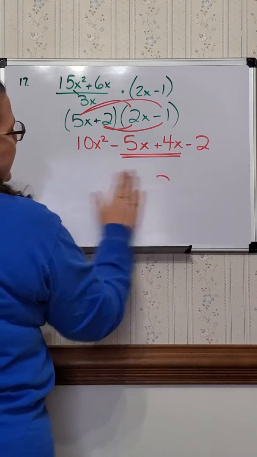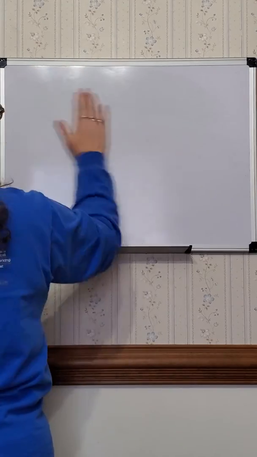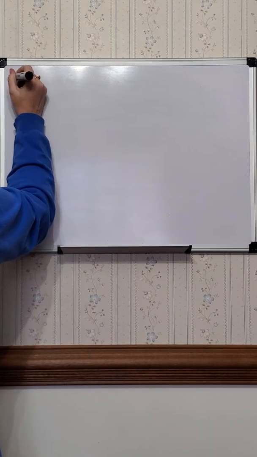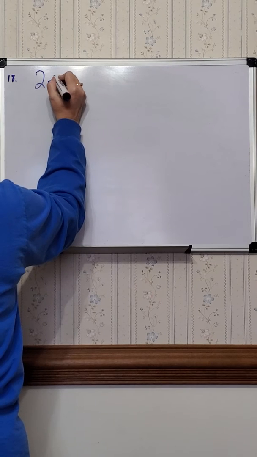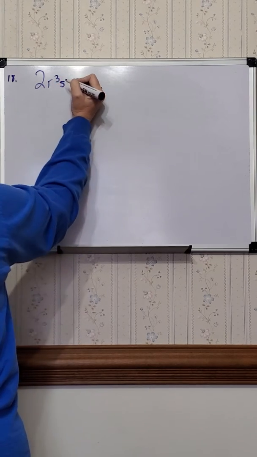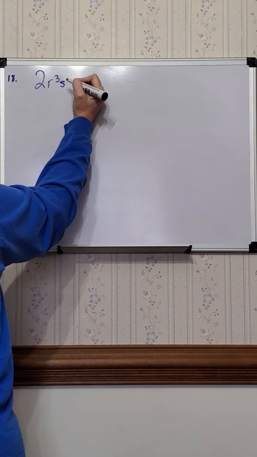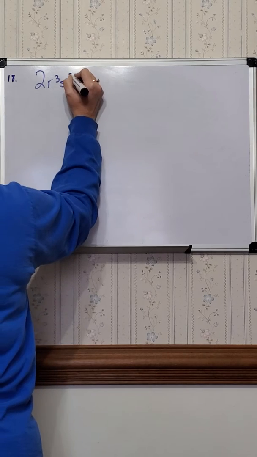Now, let's look at 18. 18 is one of those problems that I'm hoping I'm going to be able to fit on this board. And hopefully I get everything written right. All right, so we got 2r to the third, s to the 8, I think. I cannot even read that.